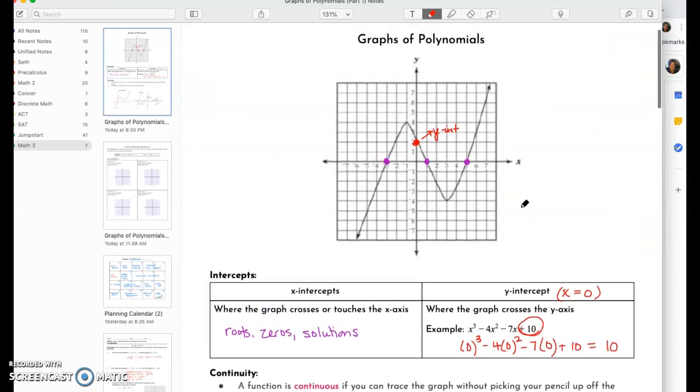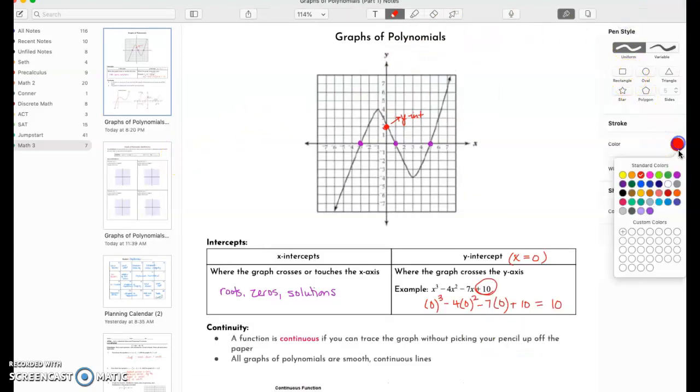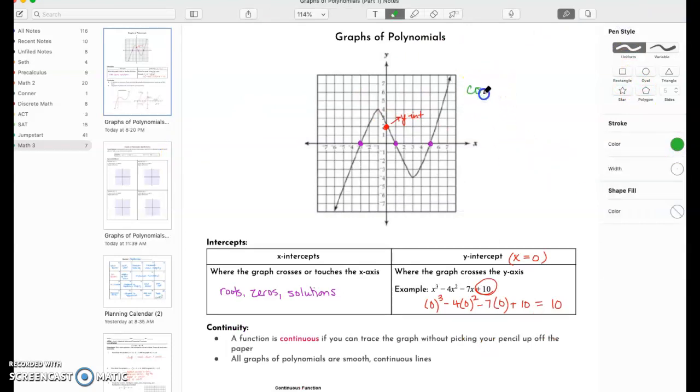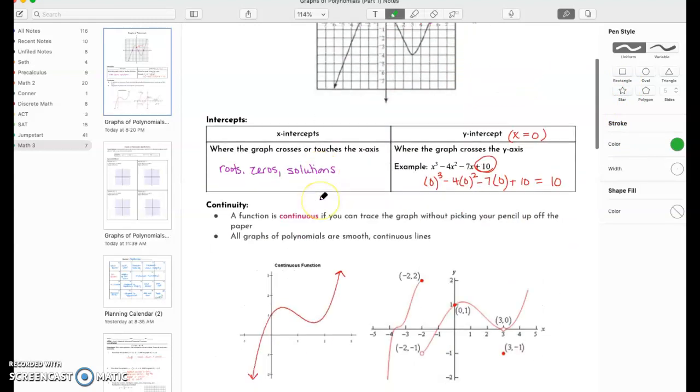And so again, on our example up here at the top, we can just recognize that it's a continuous function. You'll get more comfortable with the idea of polynomial graphs and what they look like as we keep talking about that characteristic in this unit.